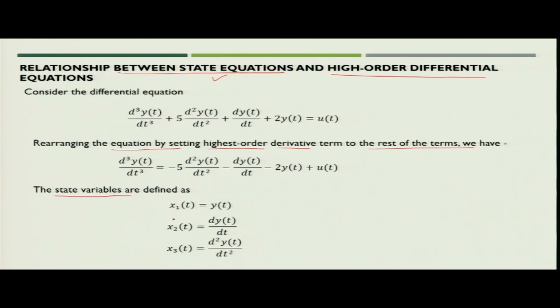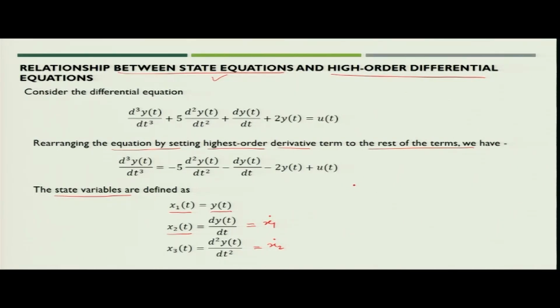Now, let us define the state variables. First state variable we define as x1(t) is equal to y(t), then next is x2(t) is equal to dy/dt, or you can simply write x1 dot, because this is nothing but dx1/dt. Similarly, x3(t) is nothing but d2y/dt2, or you can write x2 dot.